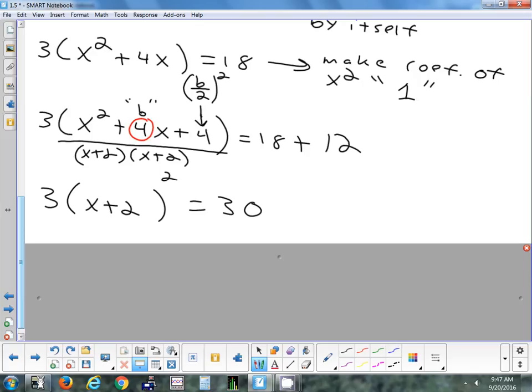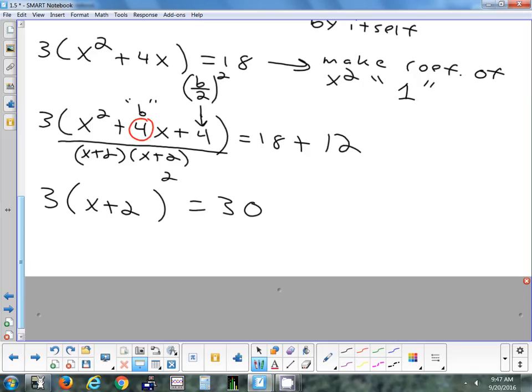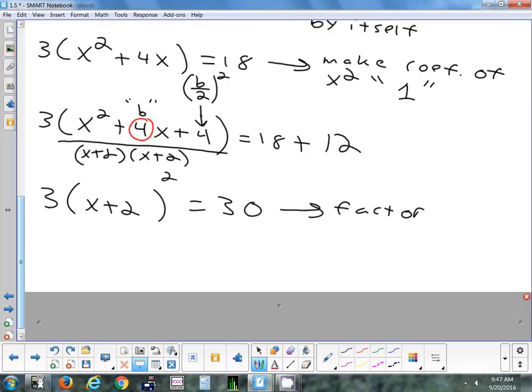And the reason I'm going to write it like that is because that's the form we want. So this step was factor. And the last step is to put the 30 back on the other side.